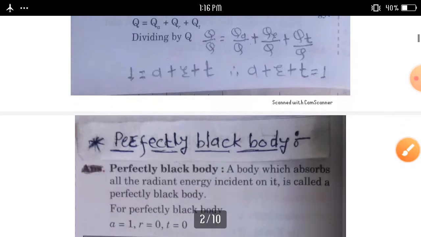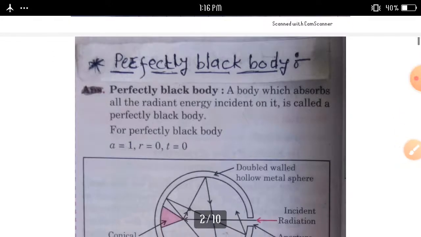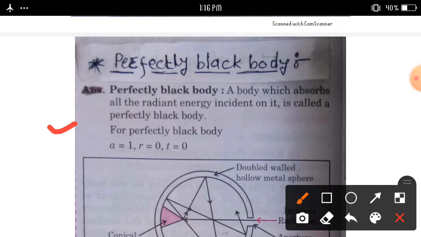Then another important concept is the perfectly black body. Firstly, we discuss the definition of a perfectly black body. Definition: a body which absorbs all radiated energy incident on it is called a perfectly black body.